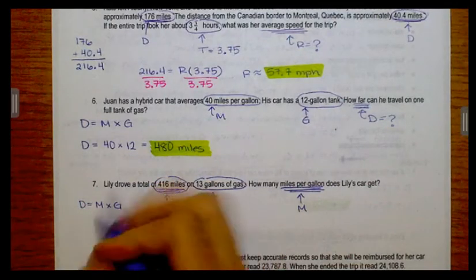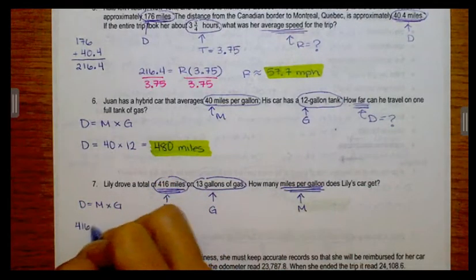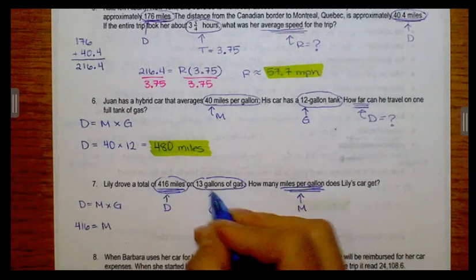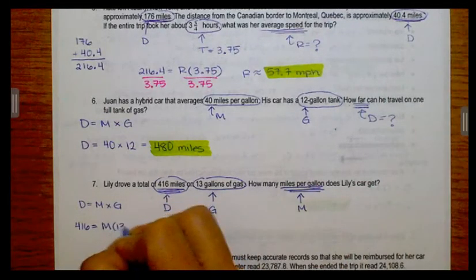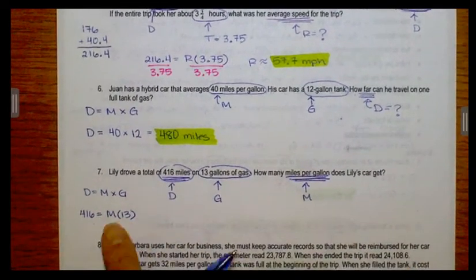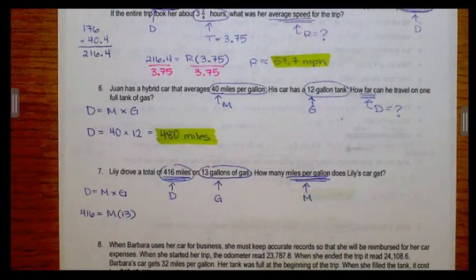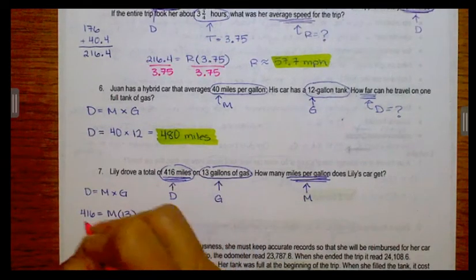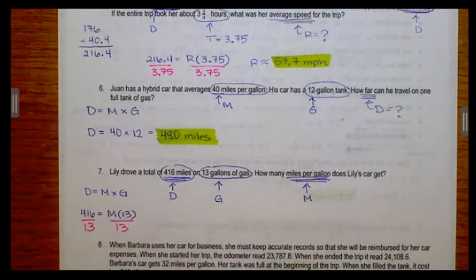So I have D this time. I do not have M. I do have G. G is 13. So the opposite of multiplying, let's go ahead and do the opposite operation, so divide. And let's see what we get.